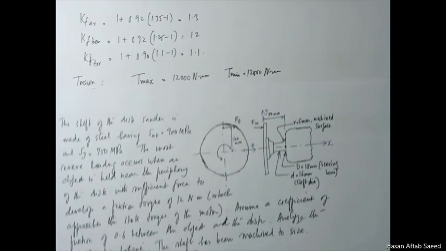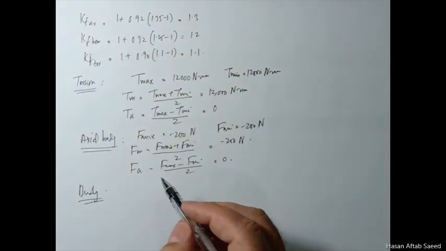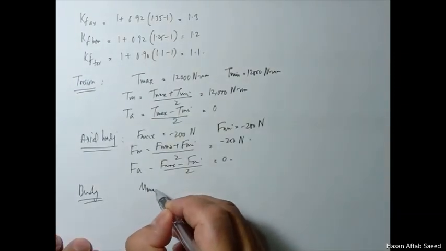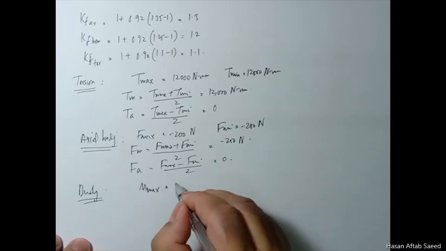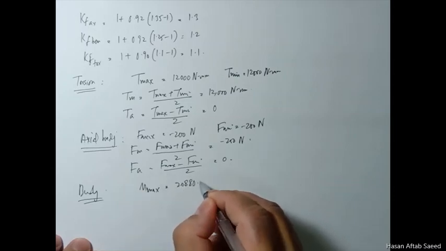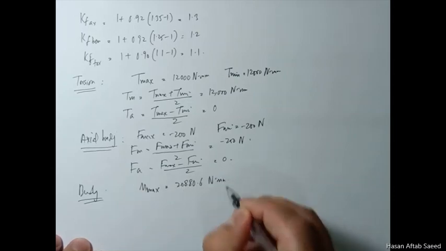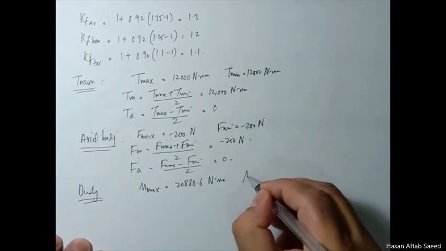So what is the value of M max here? M max is the value you just calculated when you calculated the resultant. But what is the M min?